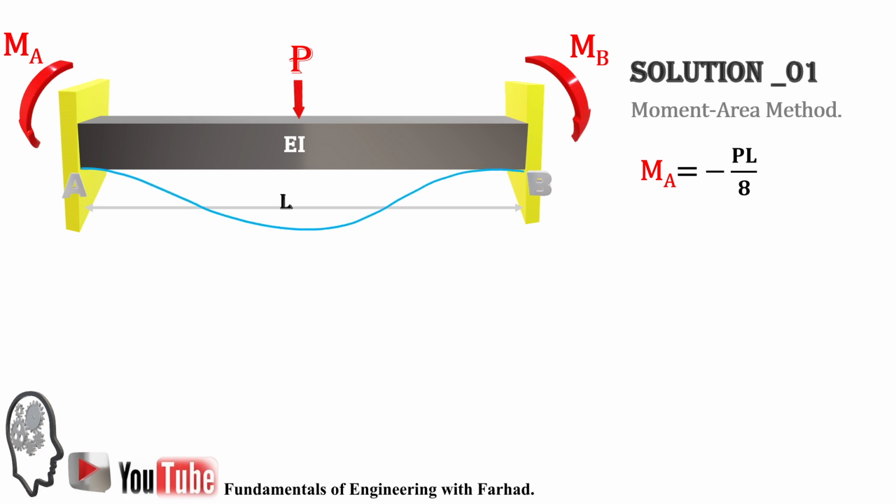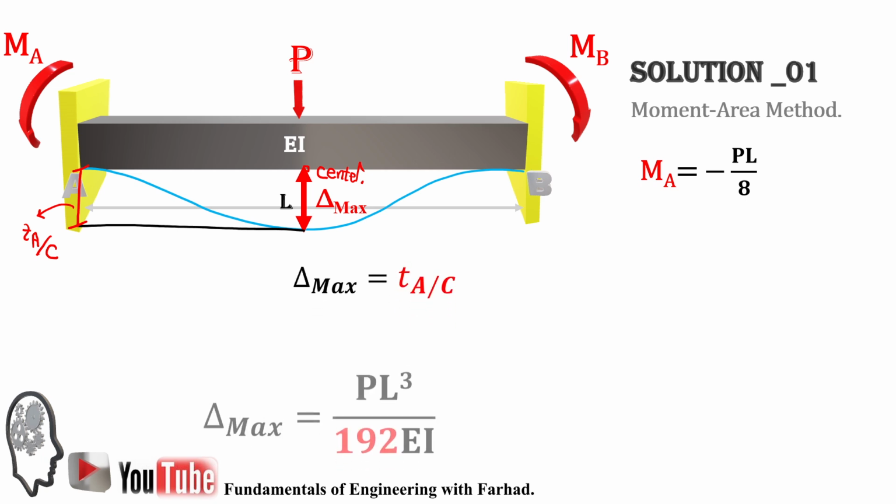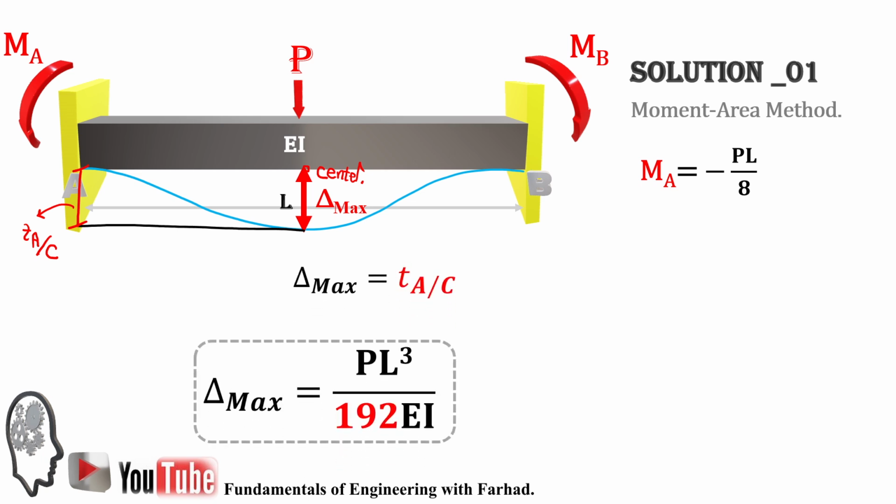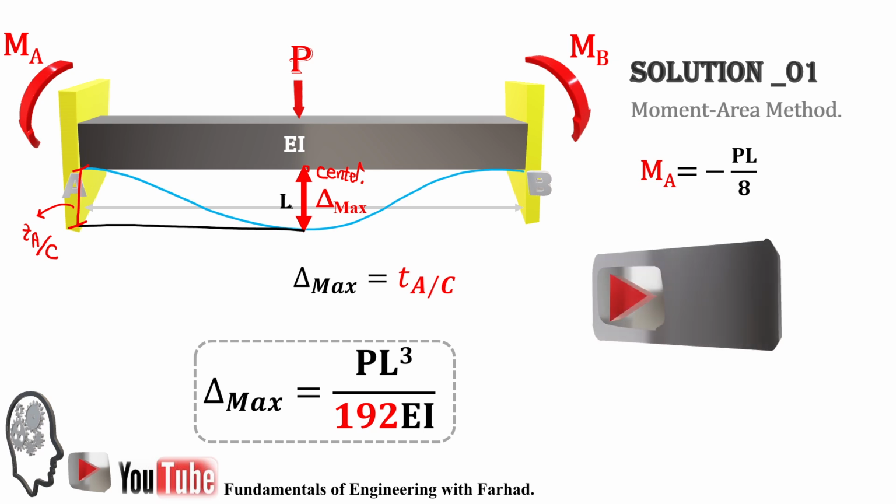So again, for such a problem, we don't have any theta at A and B due to the fixed support, and delta maximum is equal to PL cubed over 192 EI.